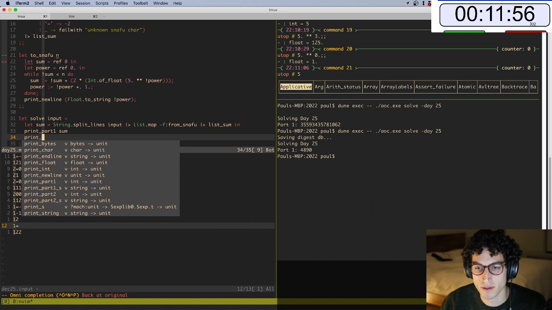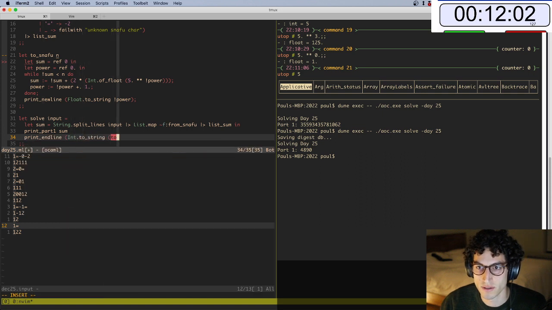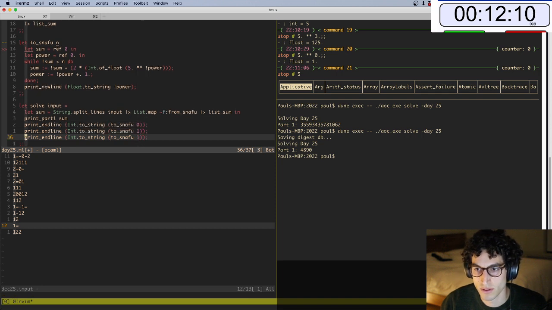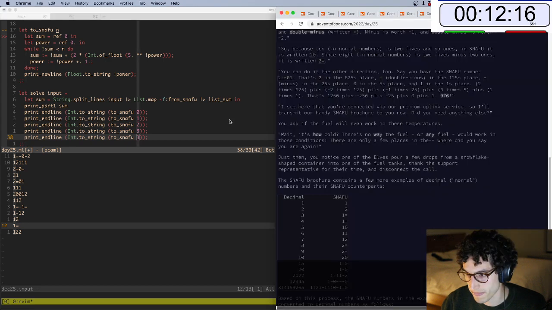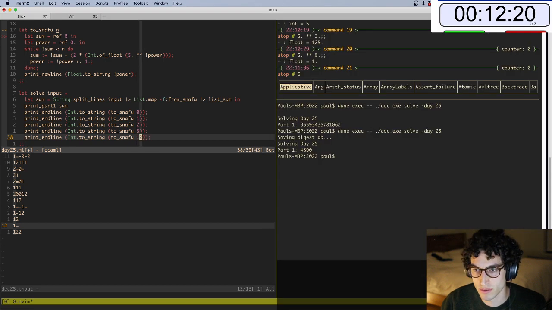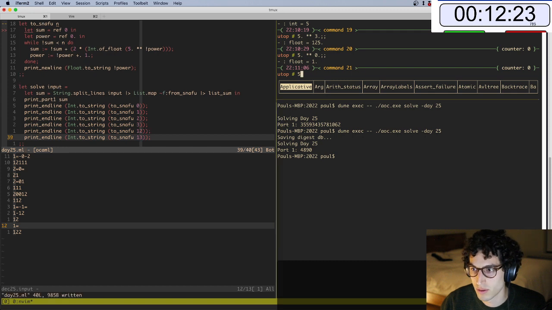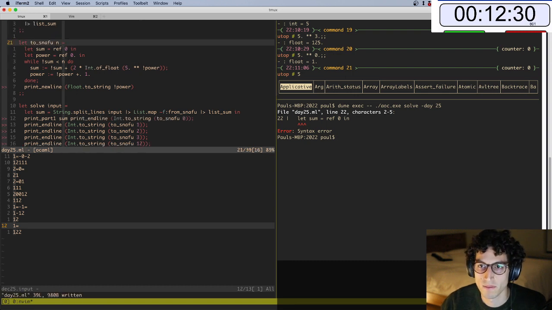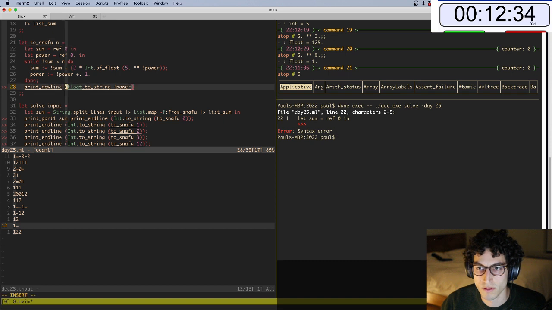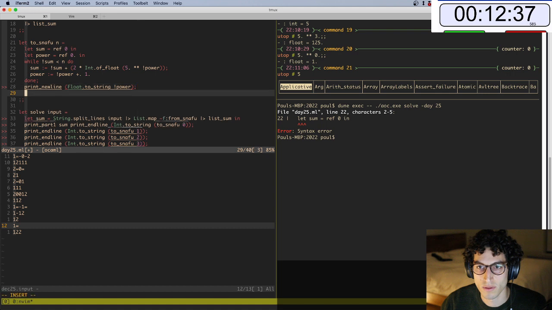Print in line, Int.to string of to snafu, 1, 2, 3, 10, 11, 12. Int.of float.